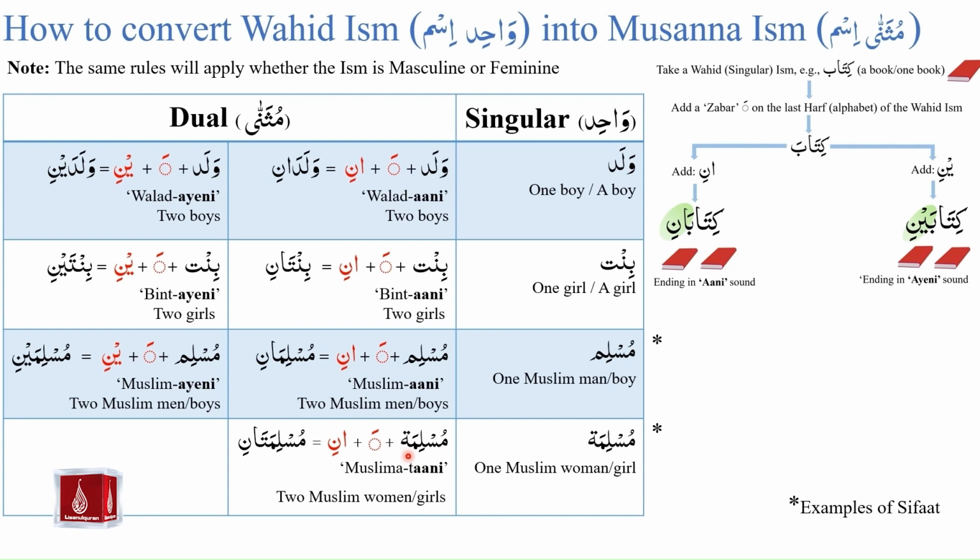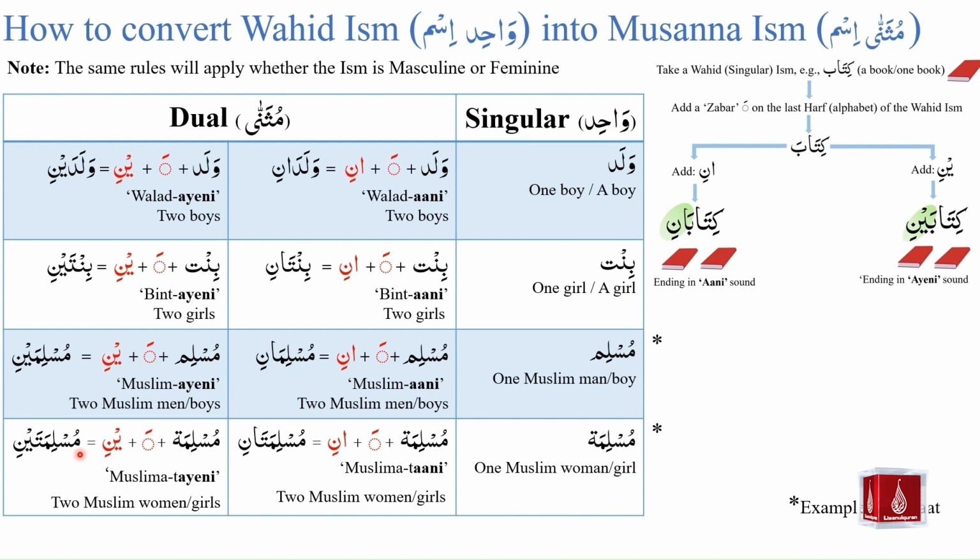Please note that the gol ta always comes at the end. So, if we have to add something after gol ta, then the gol ta can no longer be used. We will have to use a normal regular ta. So, muslima becomes muslimatani. Again, we have the ani sound at the end, and muslimatani means two Muslim women or two Muslim girls. And the second musanna version of muslima will be muslimataini.